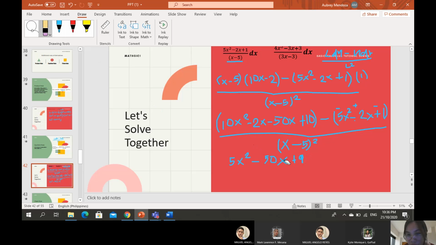Oh my gosh, it's such a hassle when you don't have a mouse. All over, let's just copy the denominator. So x minus 5 squared. So this is the final answer.